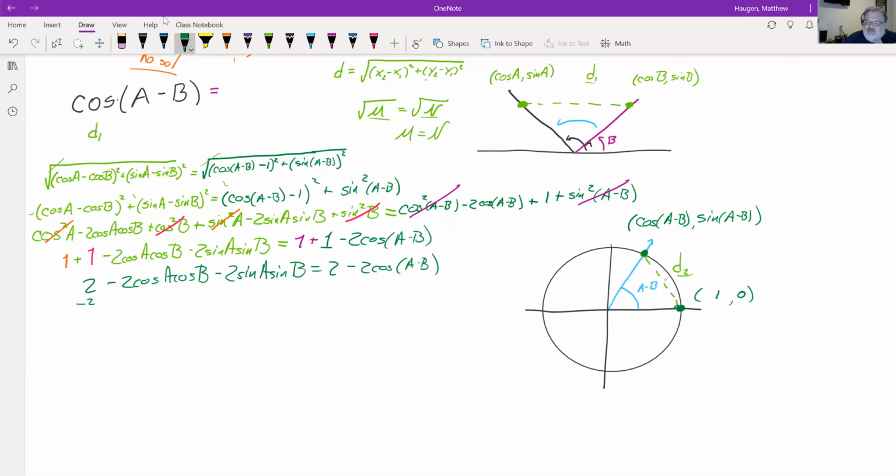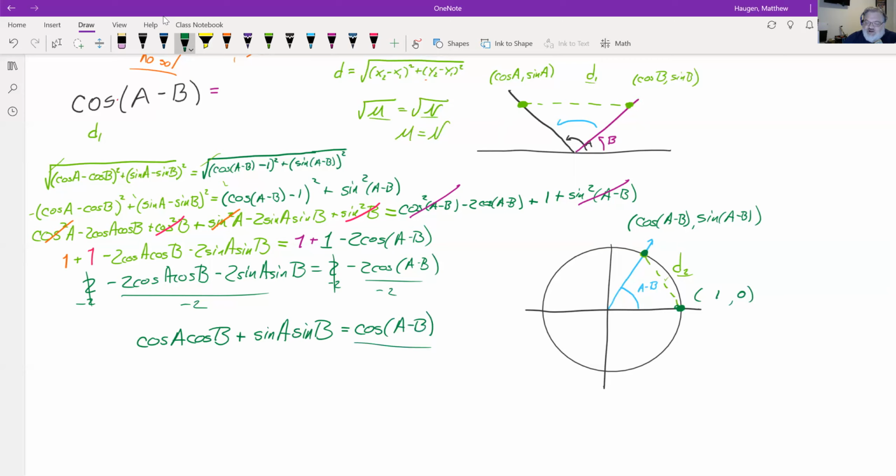We could certainly subtract 2 from both sides, and those would go away. I'm also going to divide both sides by negative 2. And we're going to be left with a very nice, I divided the 2, sorry, a very nice cosine A times cosine B, divided by that negative 2, so it's becoming a plus sine A sine B being equal to, divided off the negative 2, so that's equal to our cosine A minus B. That's what we wanted.